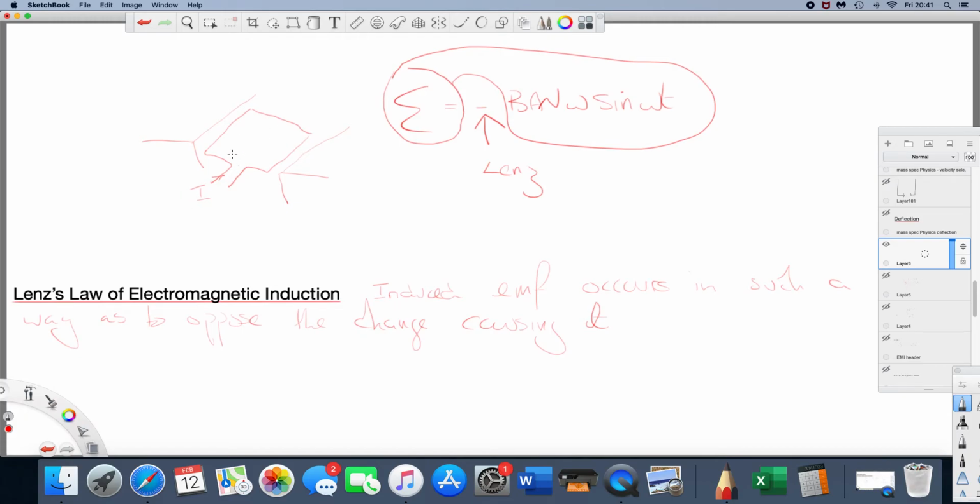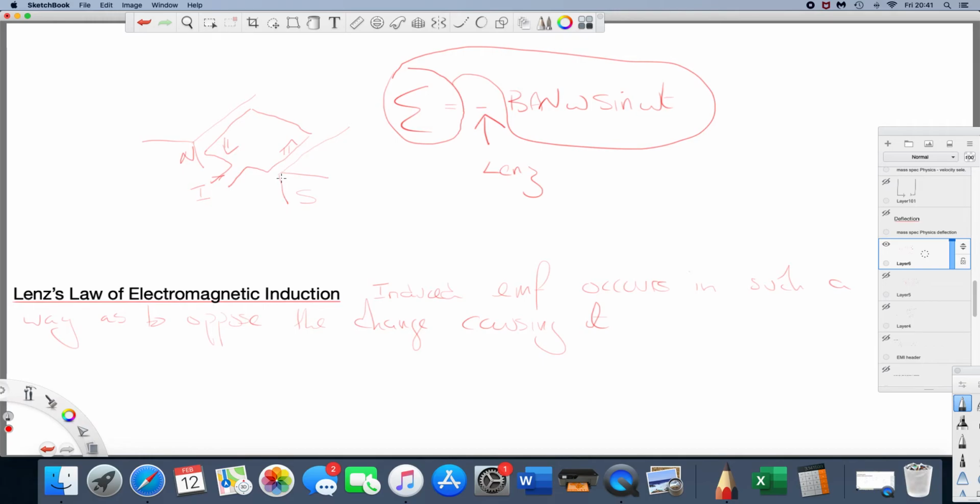Now we know that we have a conductor carrying a current at right angles to a magnetic field, and so, well, let's just say that's north and that's south, so by Fleming's left-hand rule, this side of the coil would go down and that side of the coil would go up. So now, that's the motor effect.